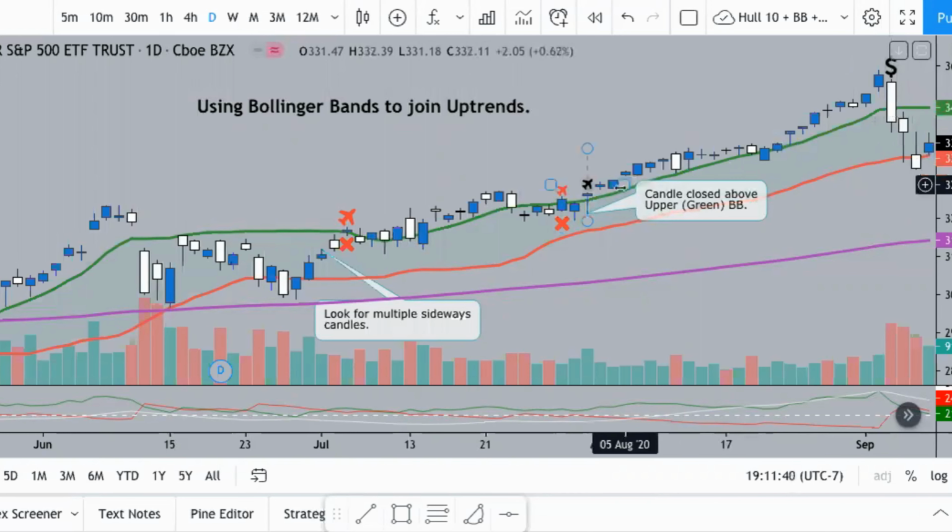So real clean, real nice and simple. All right, you can see the money sign here. That's where we got paid. All right, and here's again the entry of where we first got in. Hopefully this example made sense, and we'll go ahead and cover the reverse in using Bollinger Bands to join downtrends next.